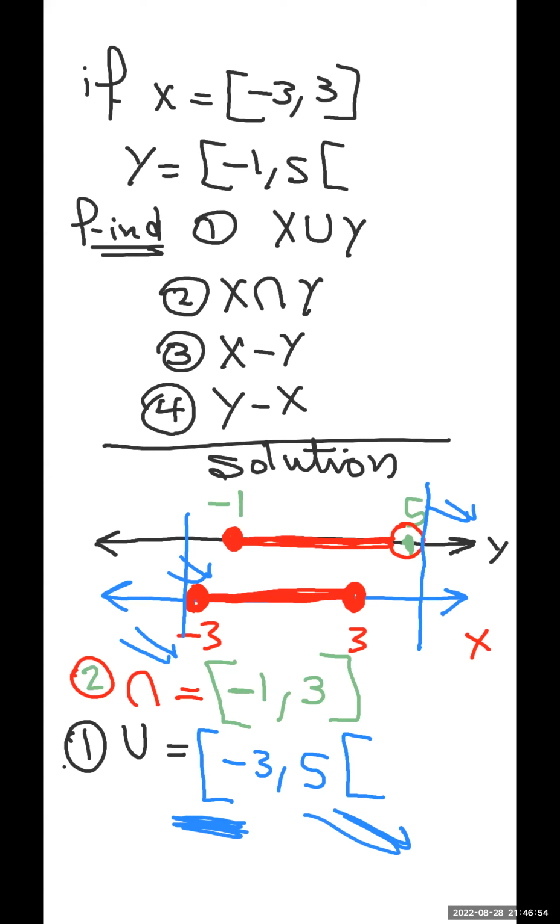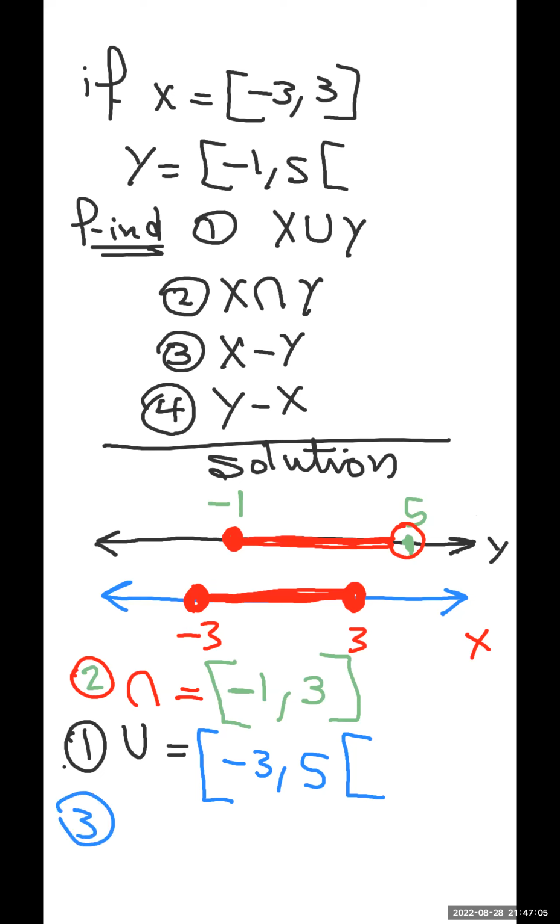It's x difference y. One second. Let me clear all this again and keep the number lines and write down number 3. It's x difference y. Guys, we said that x difference y means the elements only in x, not in y. Now I'm going to check for the elements only in x, not in y.